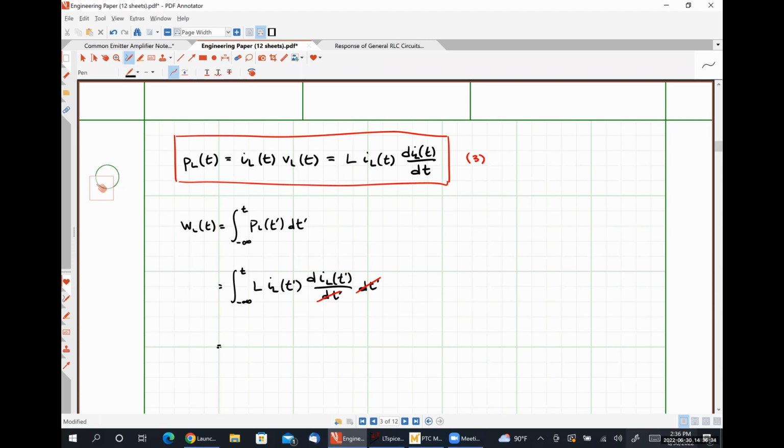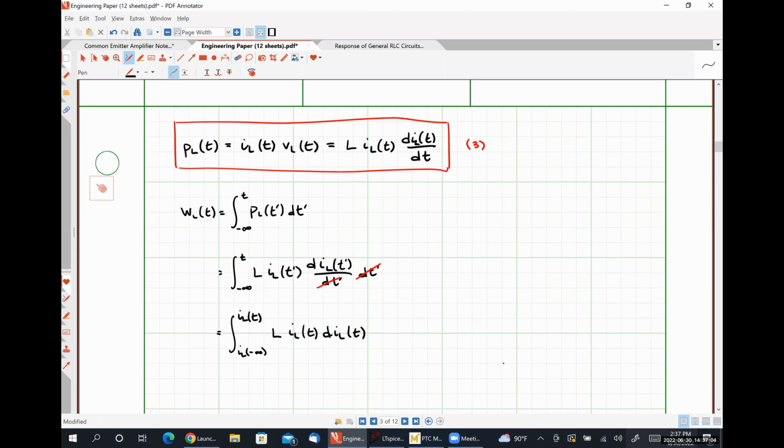And what I'll have is the integral from whatever I_L was at negative infinity to whatever I_L is at the time I'm interested in of L I_L dI_L.